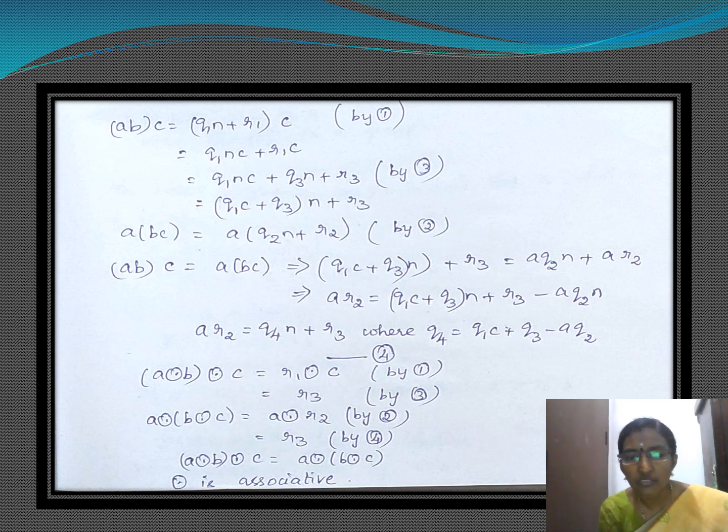On simplification, we get ar2 equals q4n + r3, where q4 is equal to q1c + q3 - aq2. Therefore, we get (a ⊙ b) ⊙ c is equal to r3, and also a ⊙ (b ⊙ c) equals r3. Therefore, ⊙ is an associative binary operation defined on Zn minus {0}.